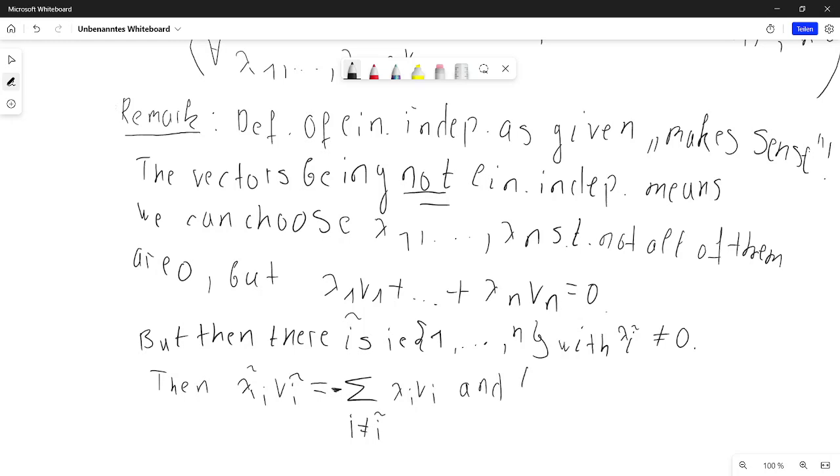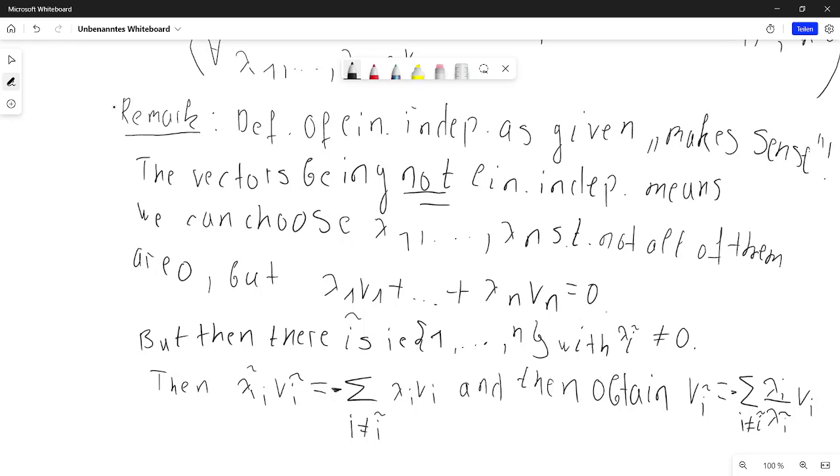And then I obtain the vector i tilde equal to the sum, and I just divided on both sides by lambda i tilde. Each summand arises as the sum over this, omitting i tilde and going through the i's.